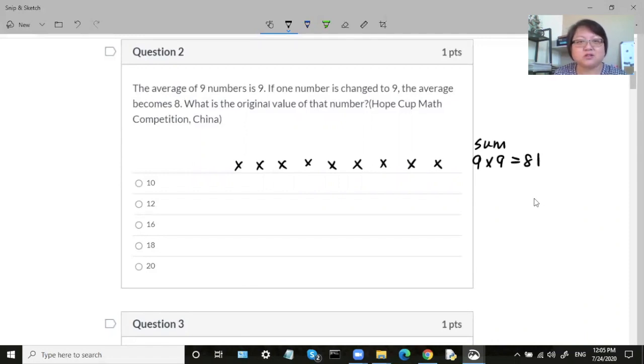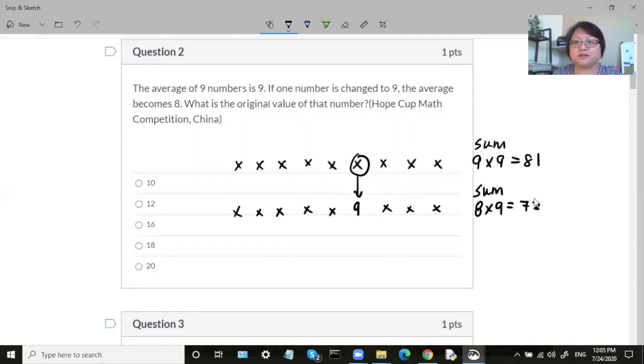Okay, so then we have one number changed to 9. For example, this number, other numbers stay the same. So then the new sum is 8 times 9, which is 72.